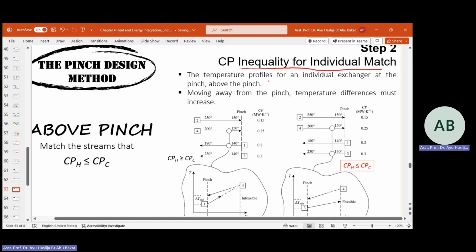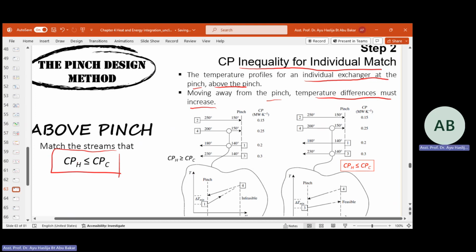The temperature profile for an individual exchanger at the pinch, above pinch: moving away from the pinch, temperature differences must increase. Above pinch, CPH must be smaller than CPC.